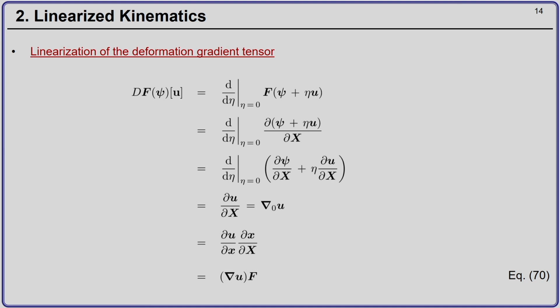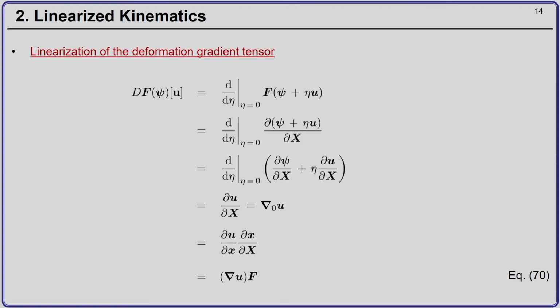Okay. We want to understand what will be the small change in the deformation gradient tensor because of this small change u in the deformation. Okay. So, the current position of the body changes by u. So, we want to ask what will be the change in the value of the deformation gradient tensor F. Okay.